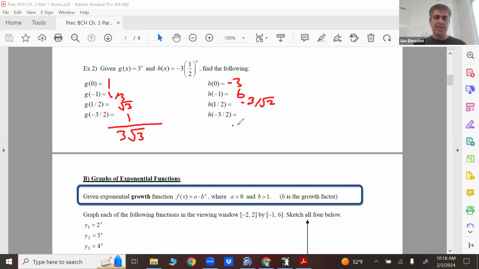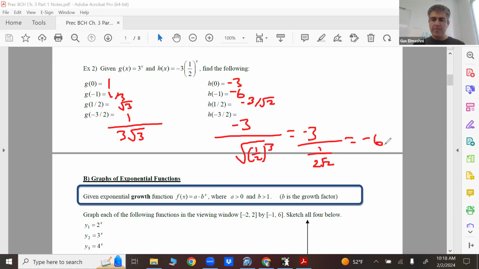Oh boy. You are correct. Yeah. And that one, I don't know. 1 over 2√2. Yeah, it's one over root 8, or you could flip it. Yeah, that's right. I made a mistake. Do you have a question, or you want to correct me? No. All right.